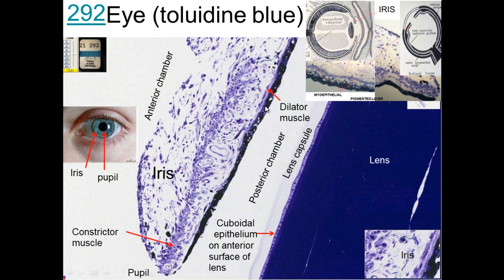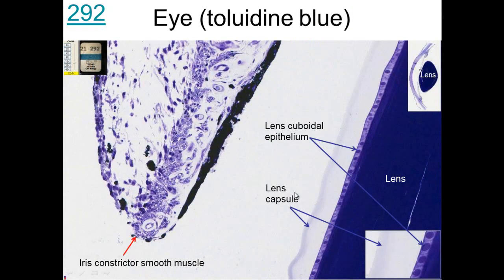So two main functions of regulating light is actually coming from the optic nerve. Lens, as we can see. Here we can see the constrictor is actually smooth muscle cells as opposed to the dilated muscle, which is myoepithelium.